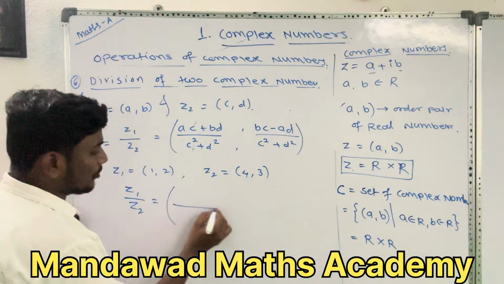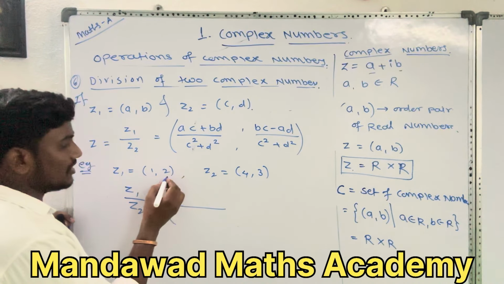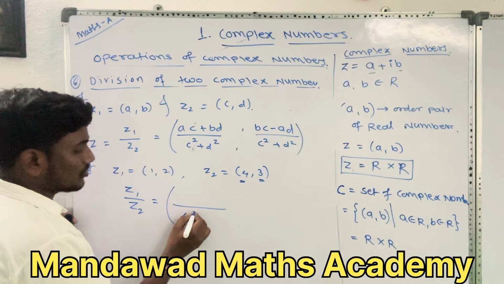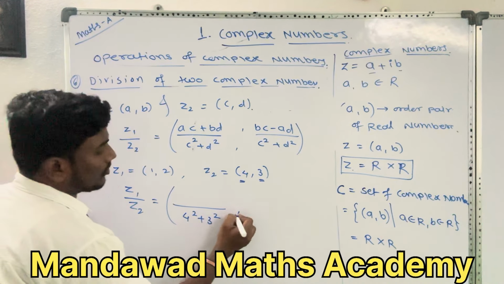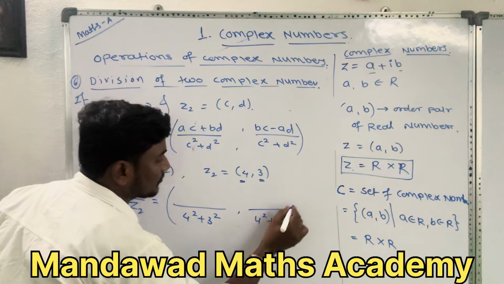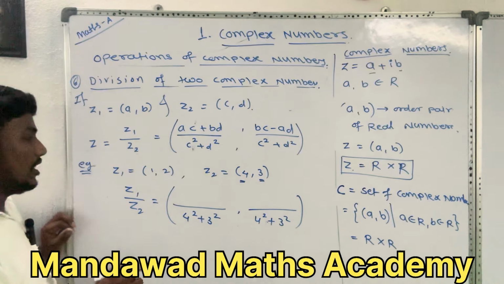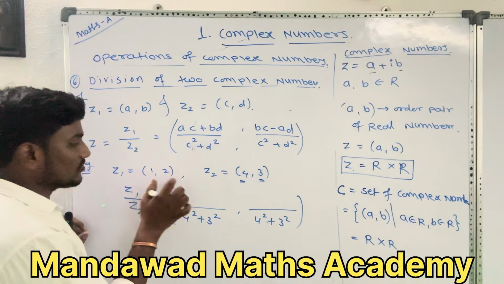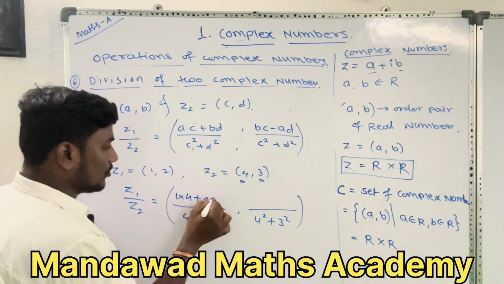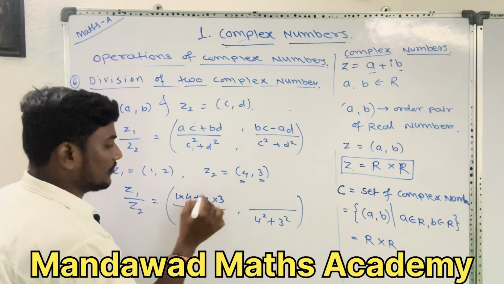You can write the first component c square plus d square. What is c here? C is 4 and d is 3. It's 4 square plus 3 square, comma, similarly here 4 square plus 3 square. Here AC: A is 1, C is 4, plus B is 2 and D is 3.